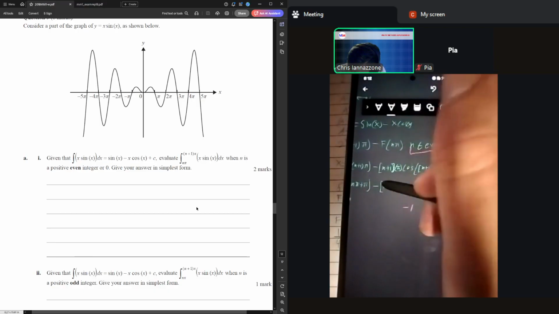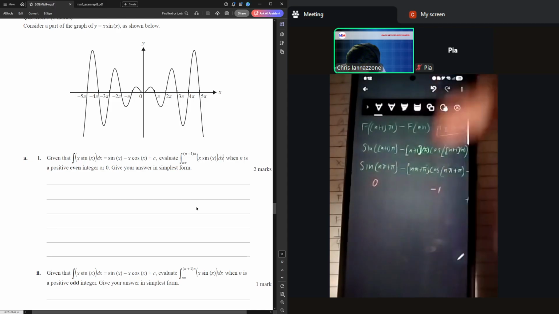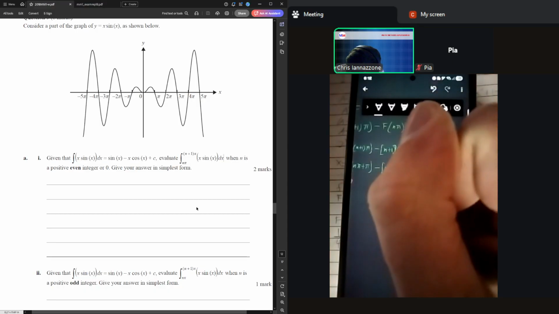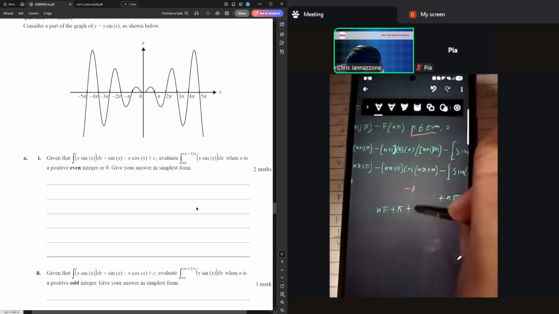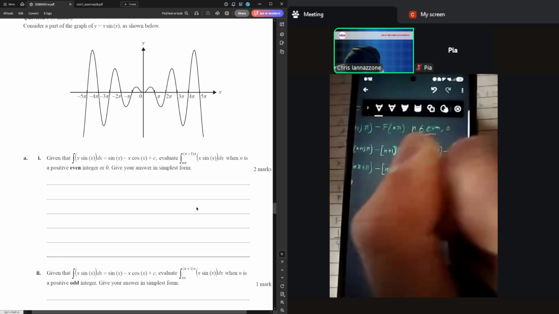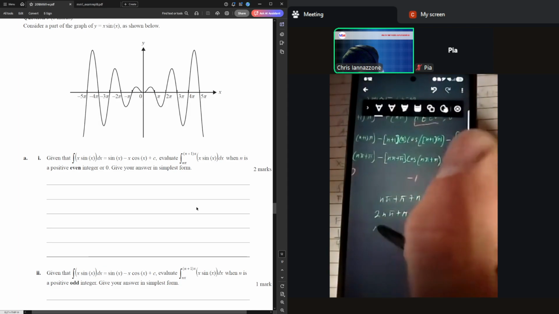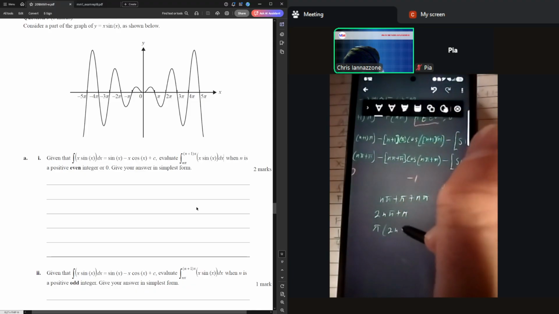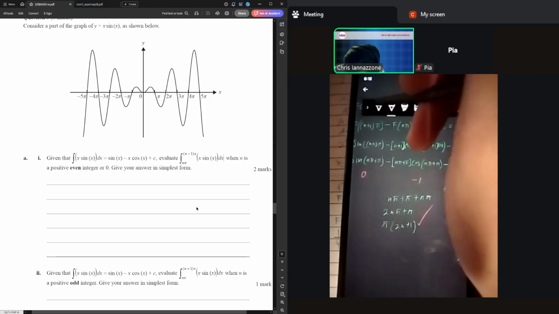Which means this negative is going to flip to being a positive, and so in reality that's gone. Positive n pi plus pi, and then you've got another n pi over here, so 2n pi plus pi, and if you want, you can take a common factor out, pi bracket 2n plus 1. And that would be the evaluation.